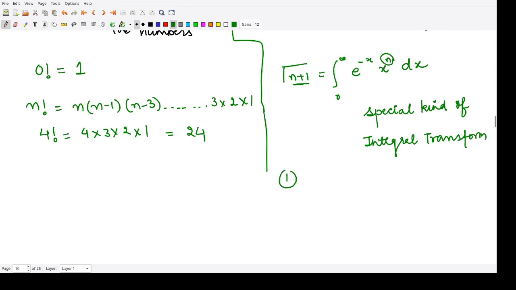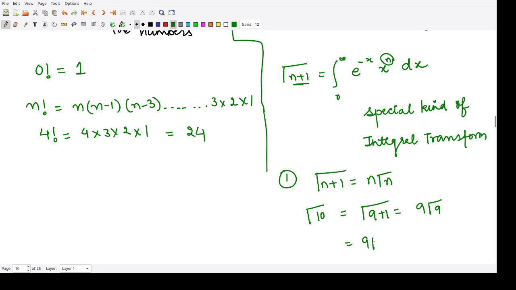The first property is that gamma of n plus 1 is equal to n gamma n. Suppose you wanted to calculate gamma of 10. You could write this as 9 plus 1, so it is 9 gamma 9.